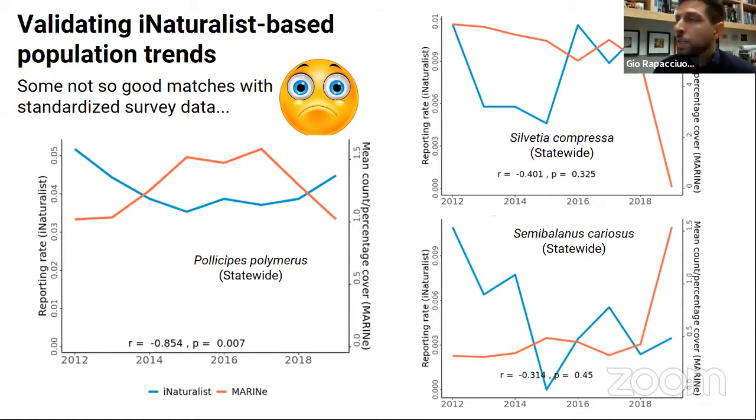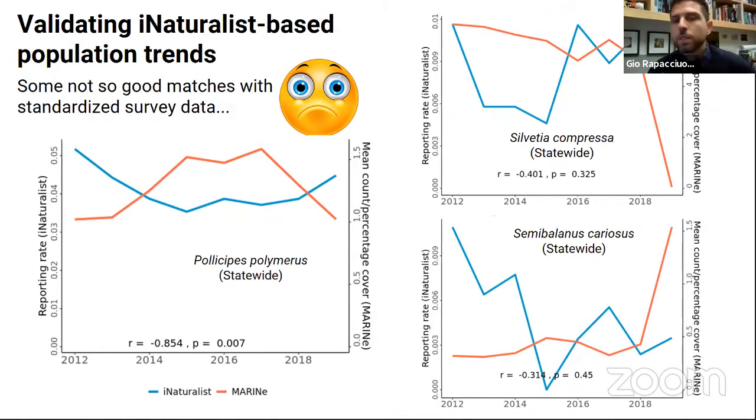But other times, there might be lags between the two patterns, and so differences in scale. There are also different spatial scales. So MARINe data are collected at specific sites along the coast, and these here are aggregated patterns across sites, where you see those either statewide or for particular regions.